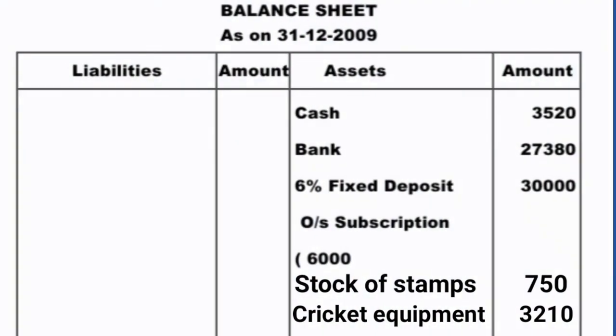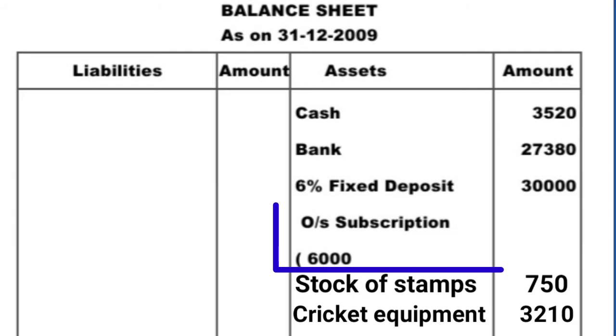Here in the last year balance sheet, outstanding or arrears we already wrote. That amount is rupees 6,000. The question itself informed us that out of subscription rupees 40,000, 6,000 is for 2009.